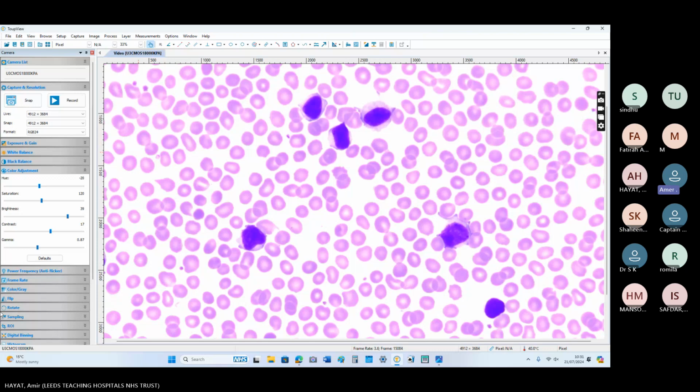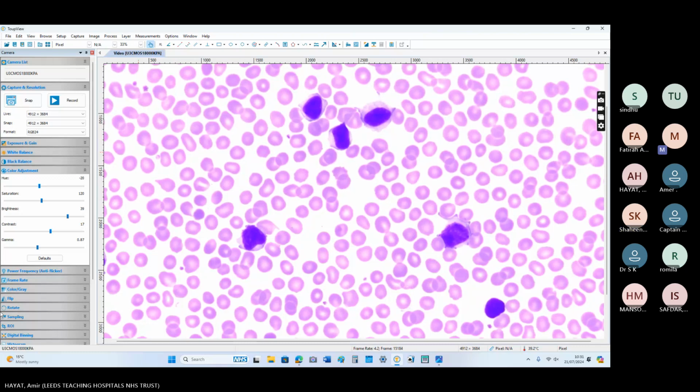What flow cytometry are you expecting here? B-NHL. I would expect that this patient could be positive for CD19, CD5. I'm not sure whether it's mantle cell or CLL, because the morphology is not classical of CLL.